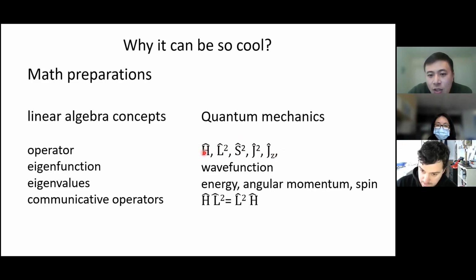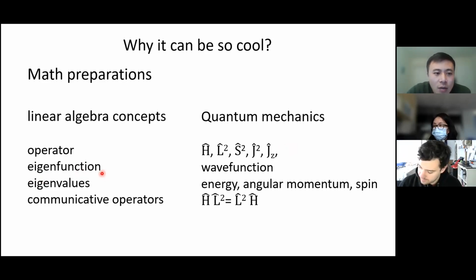So for this one it is energy. For this one it is the orbital angular momentum, and for this one it is the spin momentum. So those things can be directly measured, and those things are either the direct eigenvalues of the function or some of the key parameters for the eigenfunction.